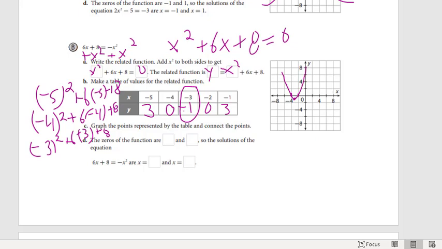So the graph should look something like this. The zeros are going to be negative 4 and negative 2.